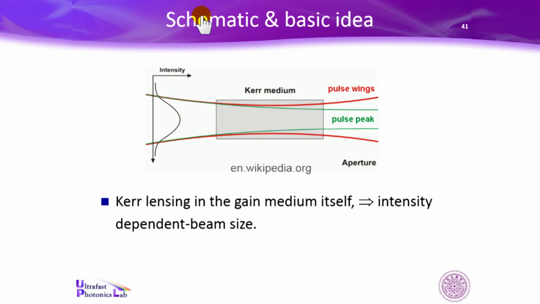The index is increased by your laser beam itself. So the central part has a higher index than the surrounding part. So it's a waveguiding effect. And the pulse peak intensity is stronger. The guiding effect is stronger, so you have a narrower laser beam. For your pulse wings, you have a broader laser beam. Okay?